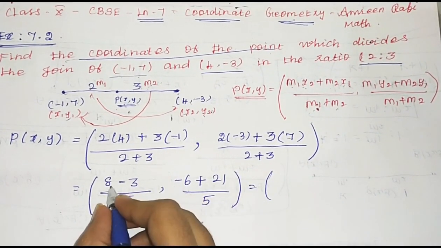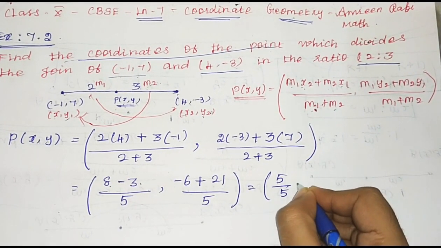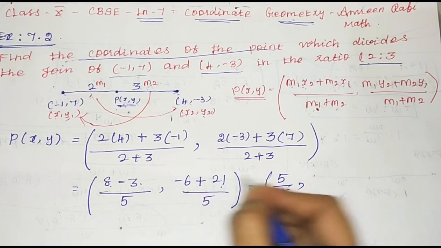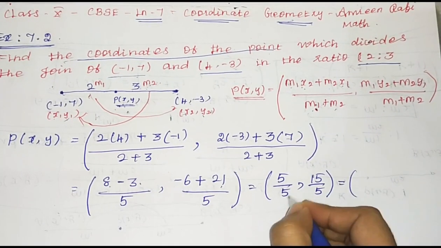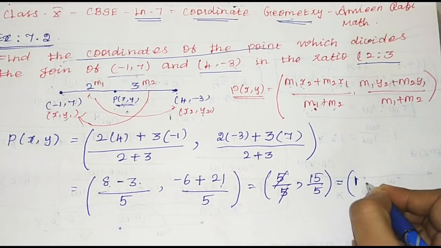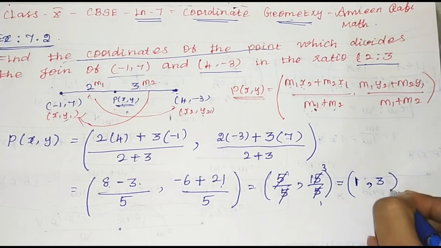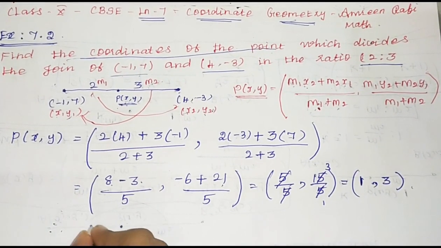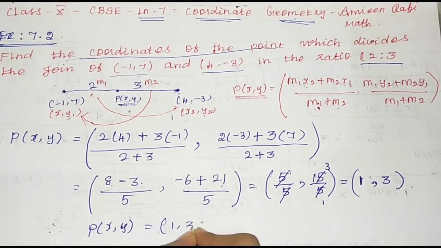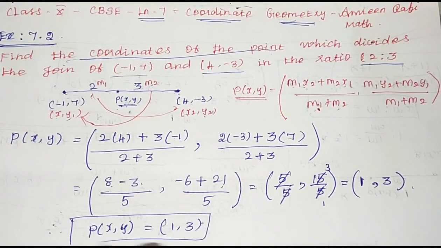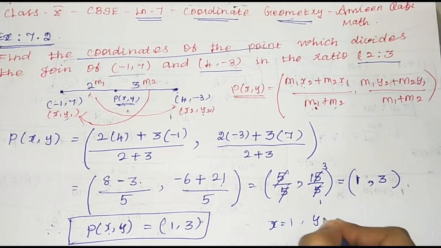Equal to 8 subtract 3 you will get 5, the denominator also 5, comma 21 subtract 6 you will get 15, the denominator is 5. 5 5 if you cancel you will get 1, and here 15 divided by 5 is 3. Therefore P of x comma y equal to 1 comma 3. So the coordinate point we found. Here x value is 1 and y value is 3.